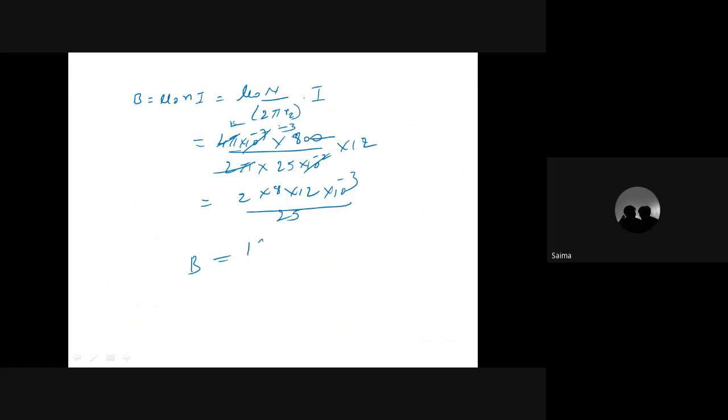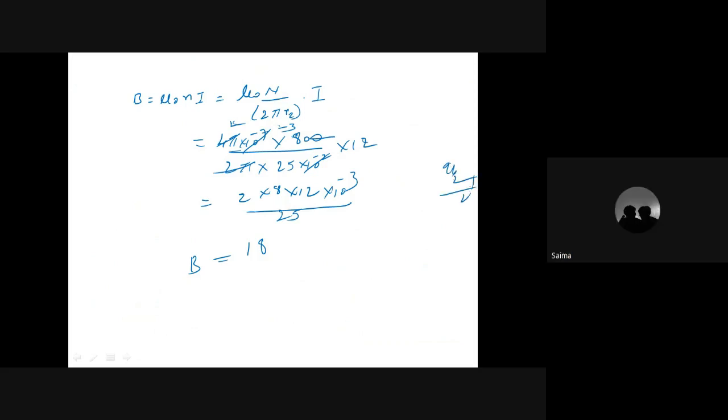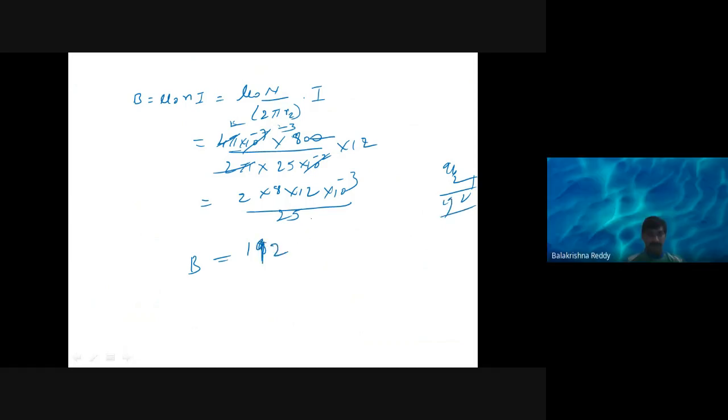This can be written further as B equal to, how can I write? 12 is 96, 96 times 2 is 192. So B equals 192 by 25 into 10 to the power minus 3.